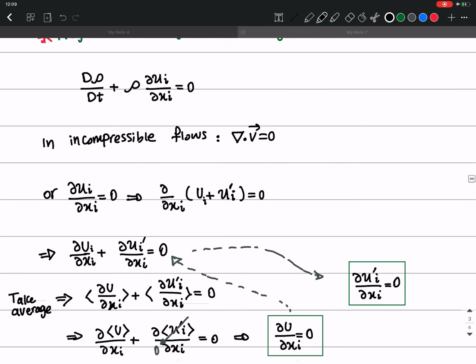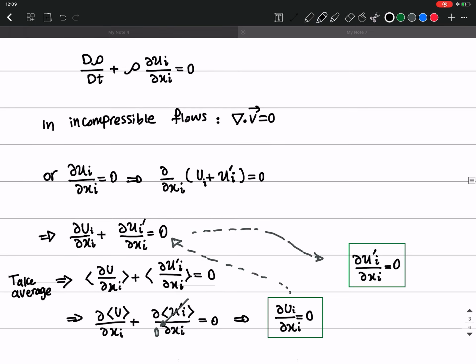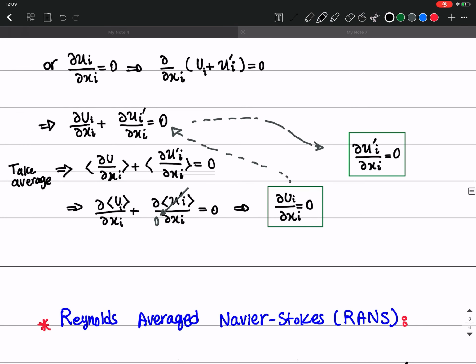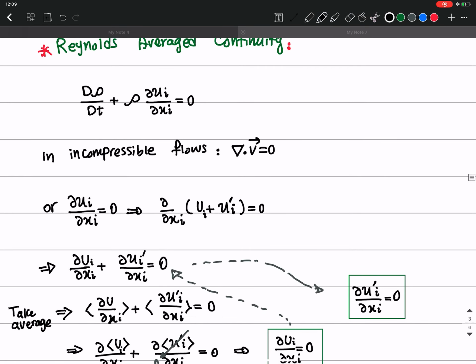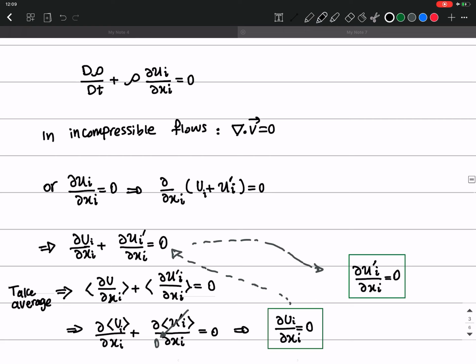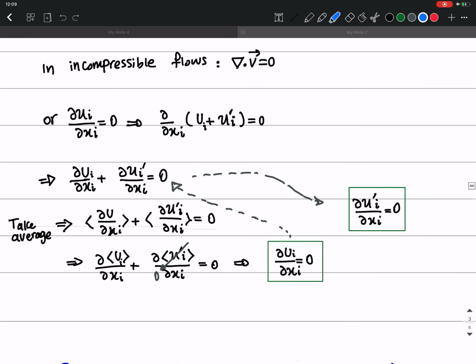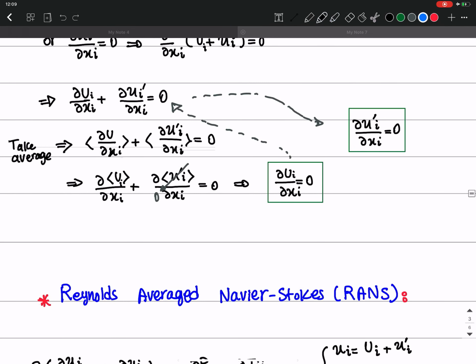It's for all velocities. Yeah, so we have this, and then again, the Reynolds averaged continuity equation. So we showed that the divergence of the fluctuation part and the divergence of the mean part of the flow should be 0. Okay.